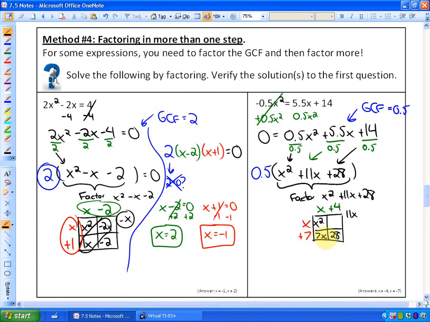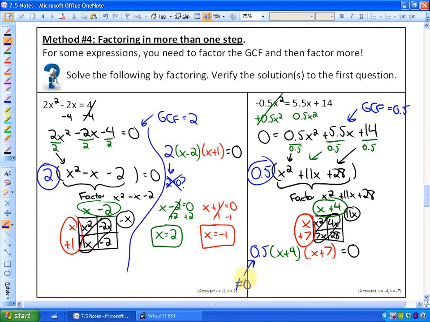This would be 7x, and this term here would be 4x, and those add to be 11x. So your factors for this problem are what I'm circling in blue, 0.5, what I'm circling in green, x plus 4, and what I'm circling in red, x plus 7. So the factored form would be 0.5 times x plus 4 times x plus 7 equals 0.